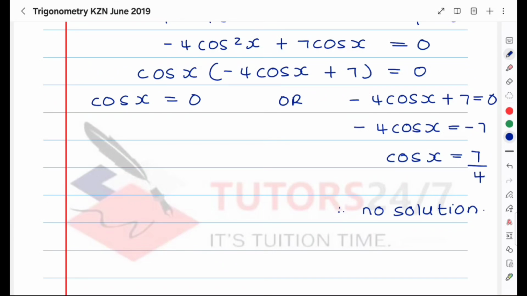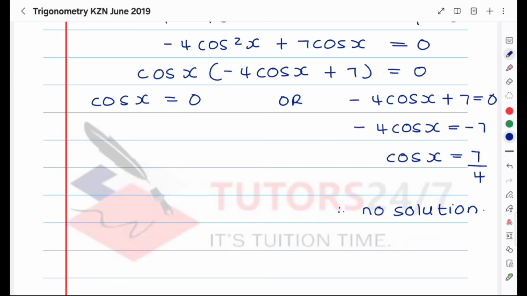You can sketch out the graph and identify the x values for which y is equal to 0. Alternatively, you can use your calculator, press mode, press table, put in cos x, start at 0, end at 360. You can make your step 90 or 45, and then you can identify all the values of x that will produce a y value of 0, and that would be your answer.